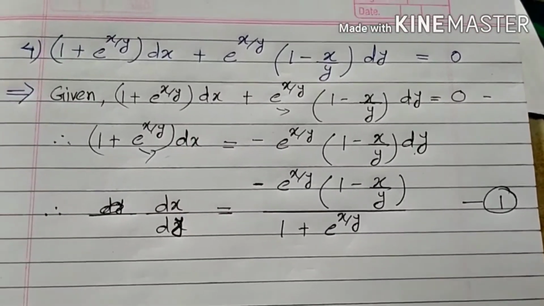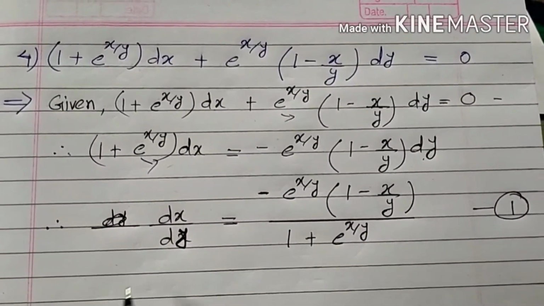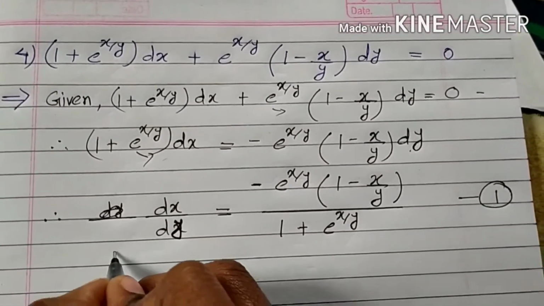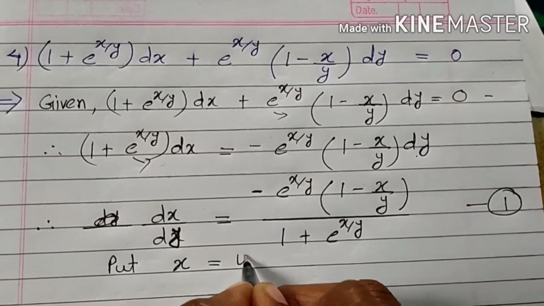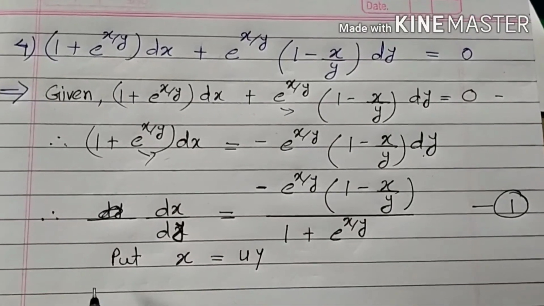Now here we have to take substitution, but substitution is different in this case. So what is that substitution? Put x is equal to u y. Okay, I am taking this type of substitution.